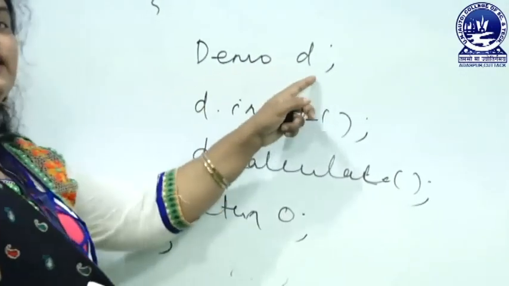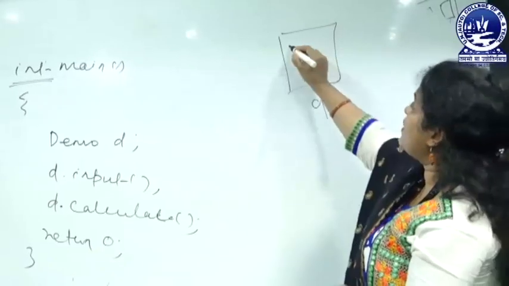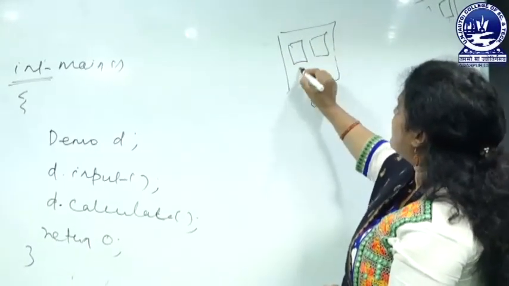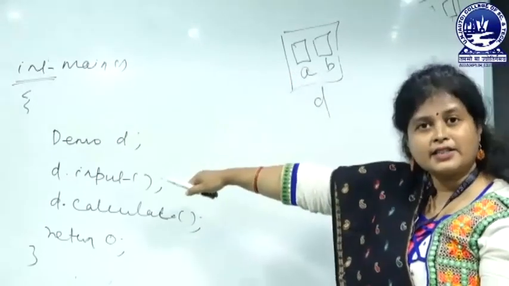When you are writing demo D, what happens? One D object will be allocated. D will contain two variables, A and B, because these are the data members of class demo.